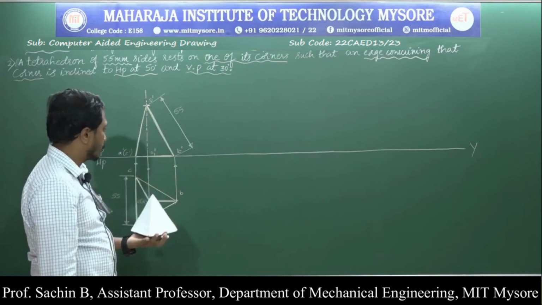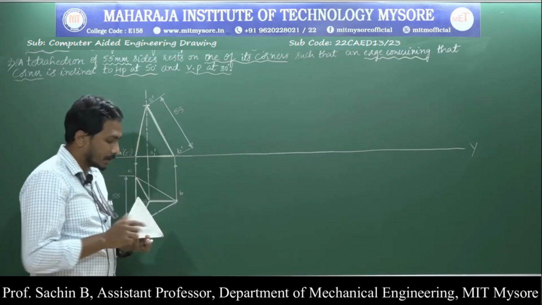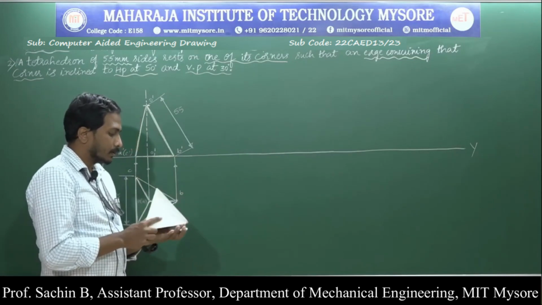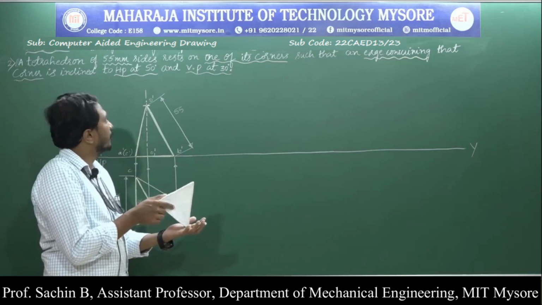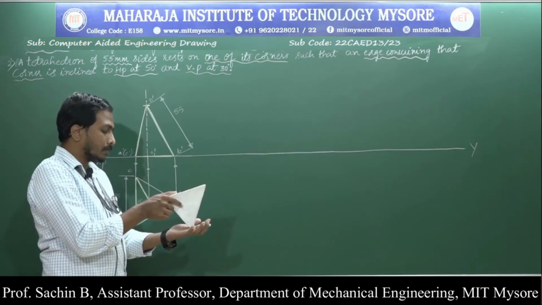Now I will go for the second position. This is the corner that I am going to call point B. This corner should be inclined at an angle of 50 degrees to the horizontal plane.